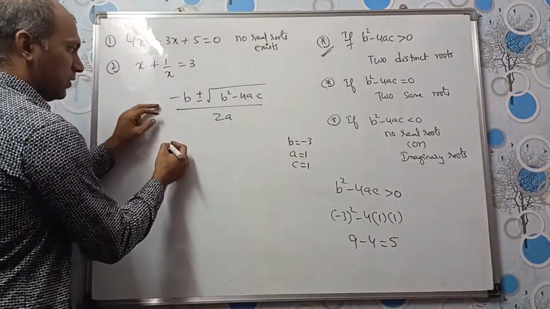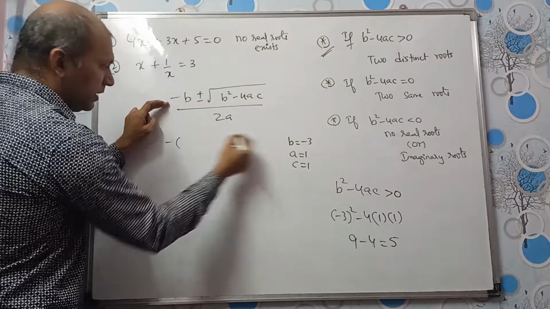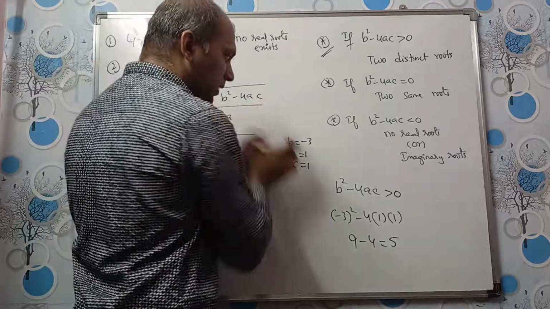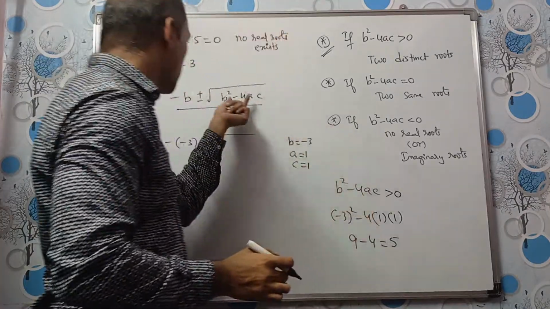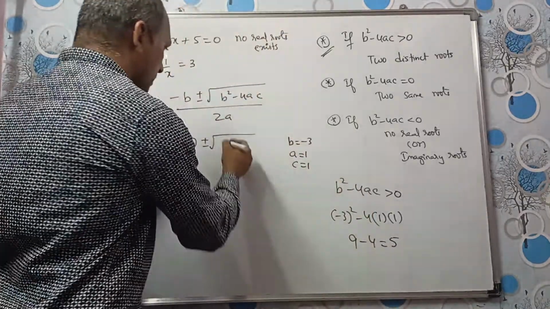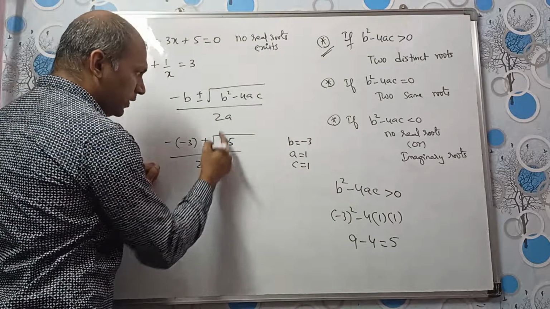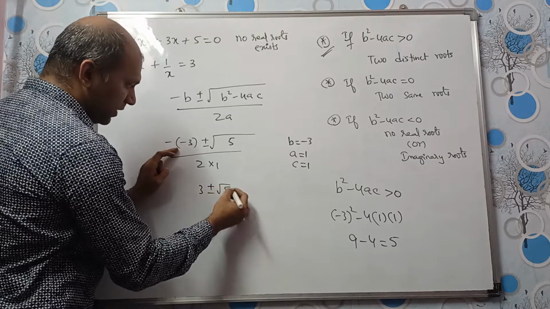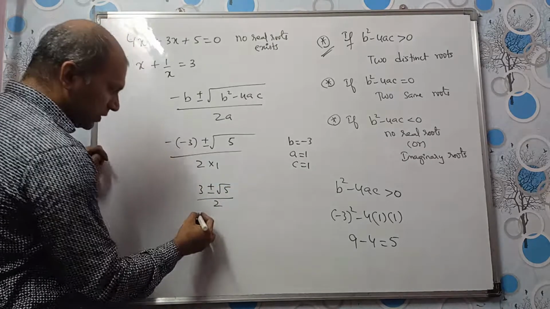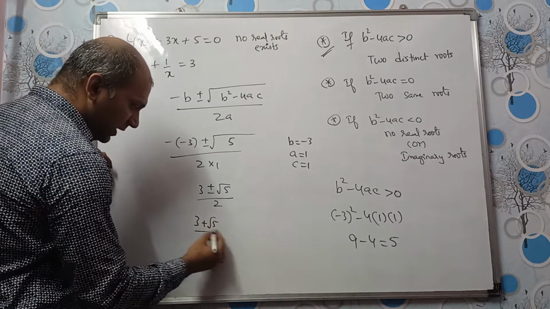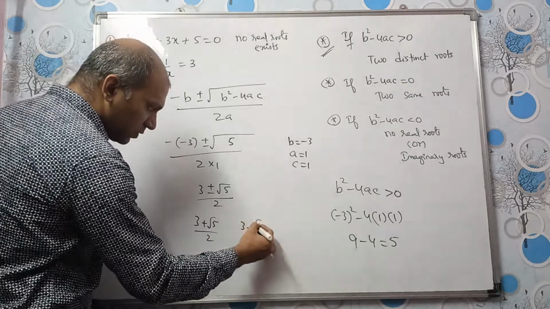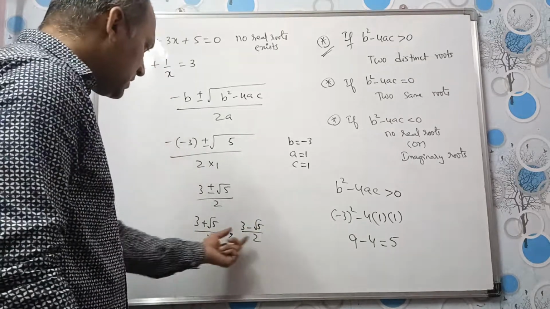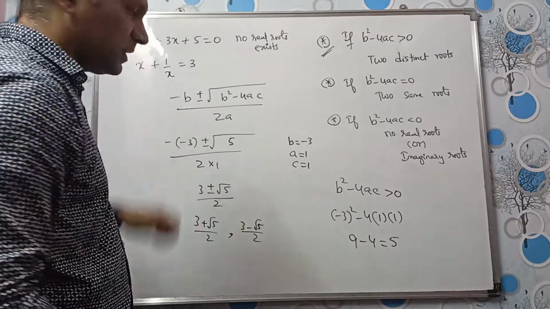Minus b is minus minus 3, that is 3, plus minus root of, we need not find this value, we already found it, b square minus 4ac, which is 5, divided by 2 into 1. So this is 3 plus minus root 5 divided by 2. So 3 plus root 5 by 2 is one value, 3 minus root 5 by 2 is another value. These are the two roots of this equation.